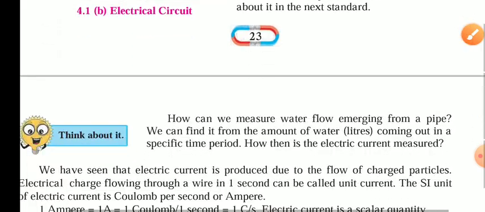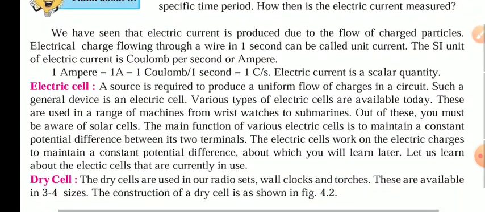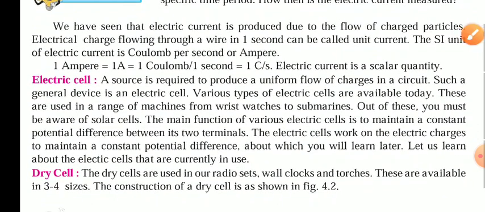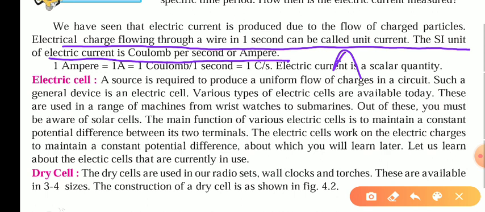Next part, they have given about the electrical cell. Before that, they have given the units. Electrical charge flowing through a wire in 1 second can be called unit current. The SI unit of electric current is coulomb per second or ampere, which we also write with the letter A. A stands for ampere.